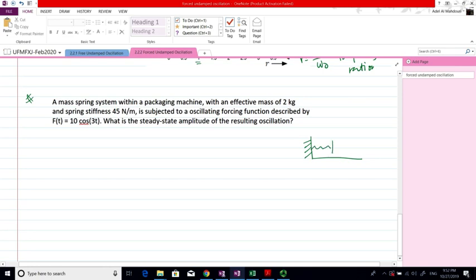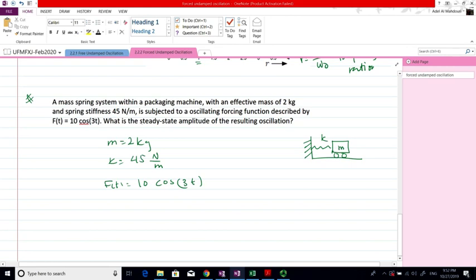We have a spring and a mass moving freely, the mass is 2 kilograms, and spring stiffness K is 45 Newton per meter. It is subjected to an oscillating forcing function described by F(t) equals 10 cosine 3t. What is the steady state amplitude of the resulting oscillation?